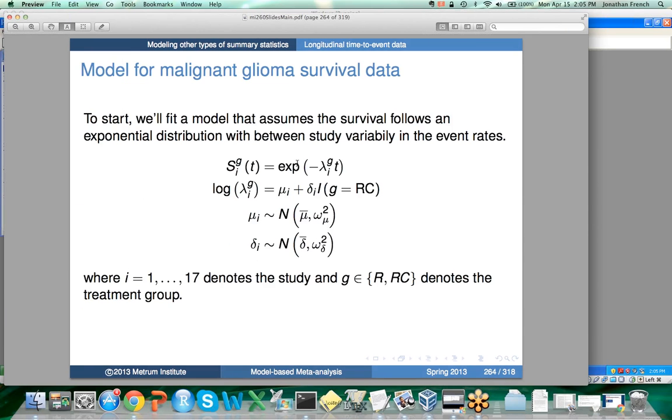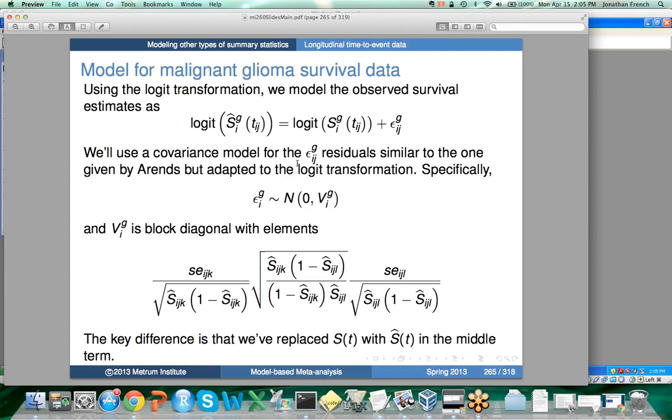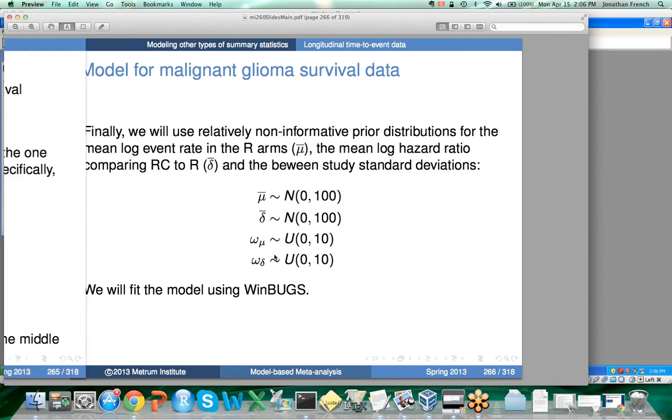And so we began in the course of the lecture by fitting an exponential survival time model and using a logit transformation, and that gave us the variance covariance matrix that had elements of this form, where the variance or covariance depended on the standard error that was observed for the survival curve plus a function of the survival probabilities themselves at the two time points that we're calculating the covariance.